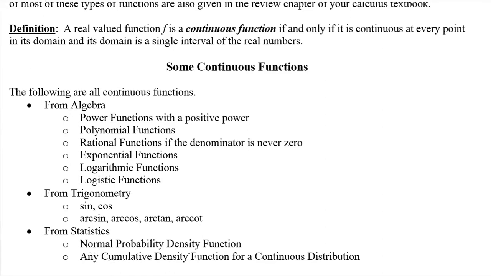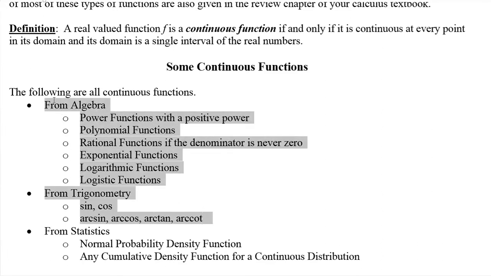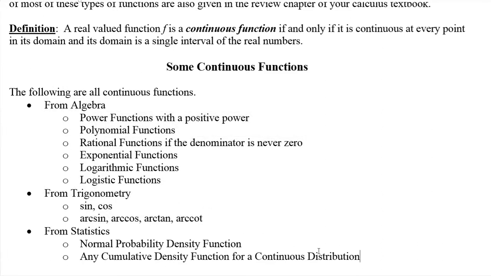And any cumulative distribution function, CDF, for a continuous distribution is a continuous function. That's why it's called a continuous distribution. You're supposed to know something about algebra and trigonometry before you get to calculus, and it's useful to know some things about statistics for everybody at some point.